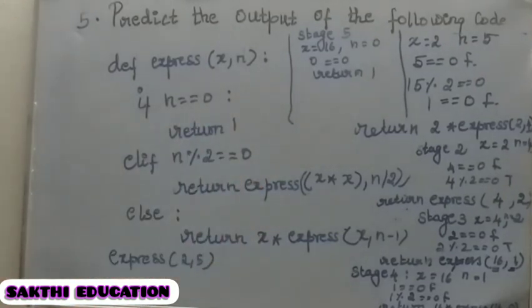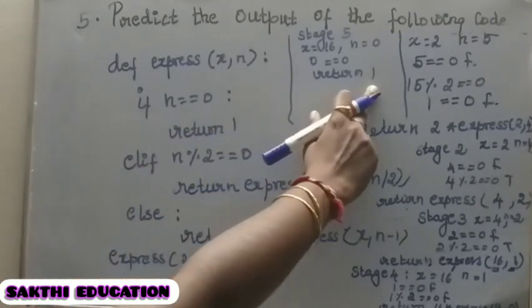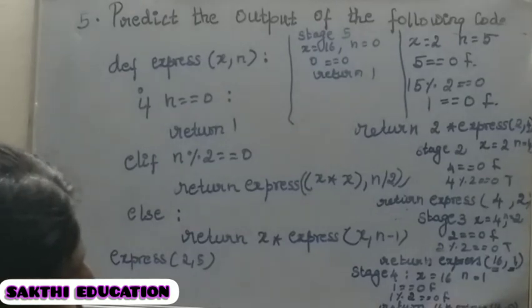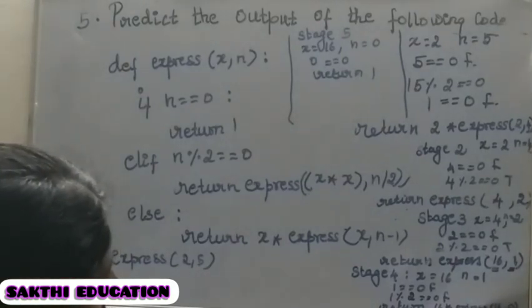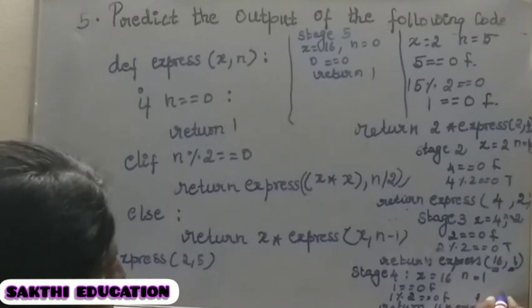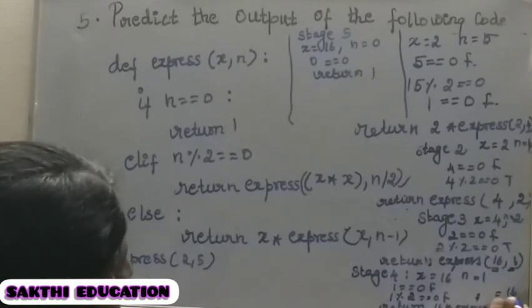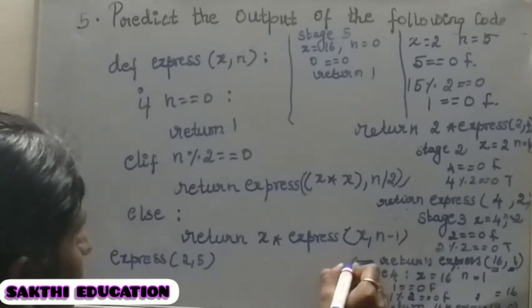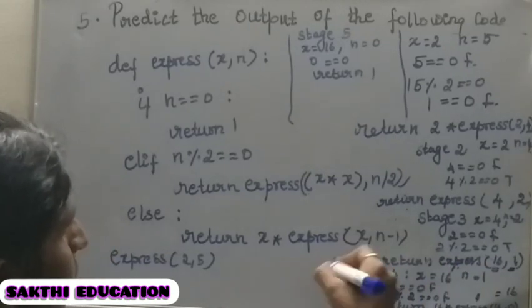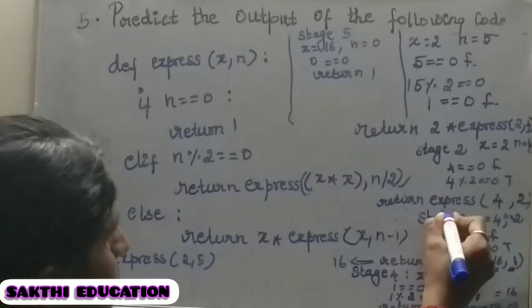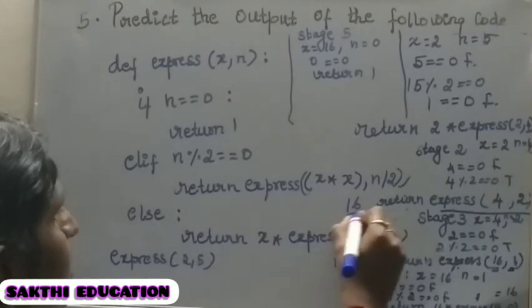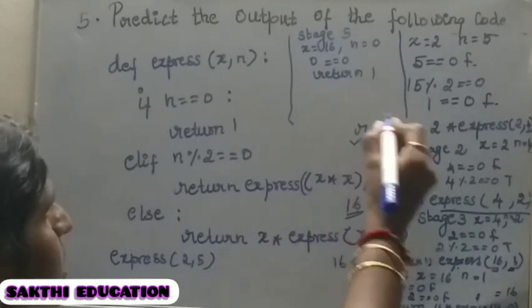Okay, here see, 1 will return back here. For the express of 16 comma 0, you got the answer as 1. 16 into 1 equal to what? 16. It will pass to the previous condition. Here also you are getting 16 and then you are passing back. For this express also it will return the value 16 and then this 16 will pass to the first stage.